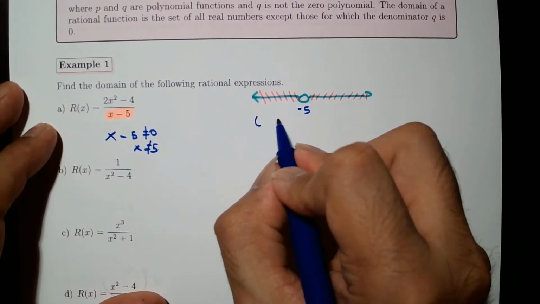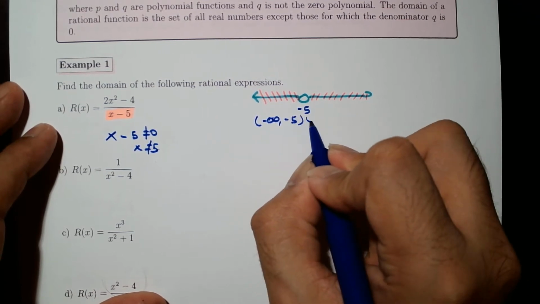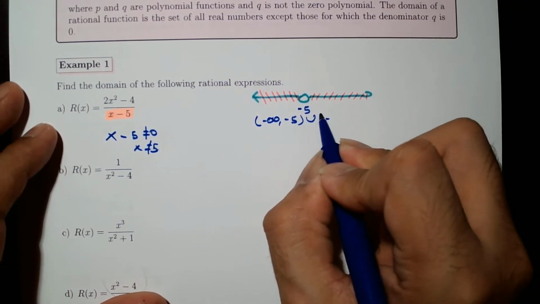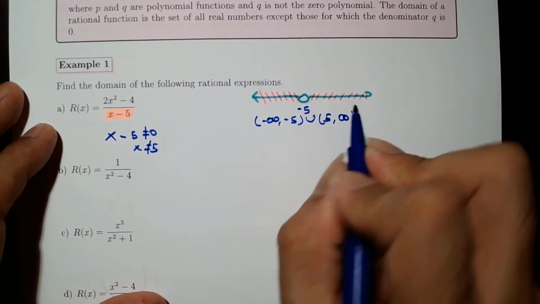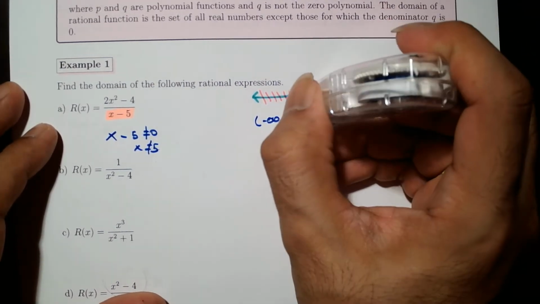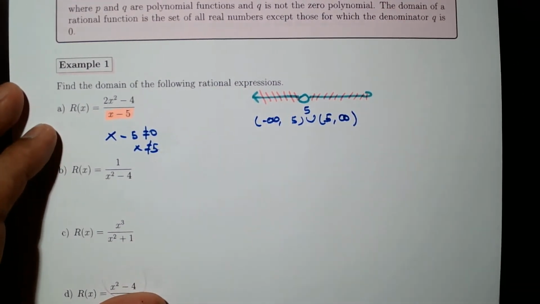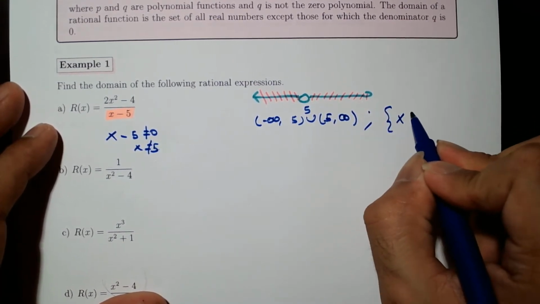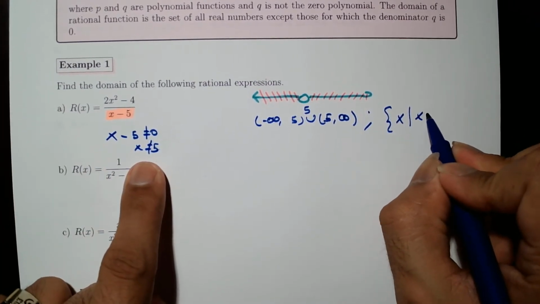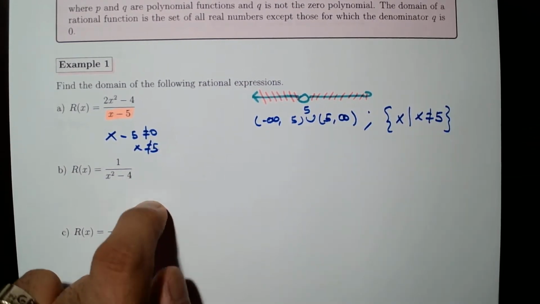So negative infinity to 5, union 5 to positive infinity. That's using interval notation. Then using set notation, x such that x cannot be positive 5. So those are the two notations we use here.